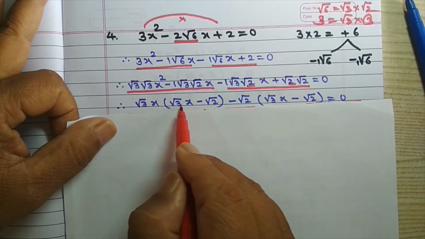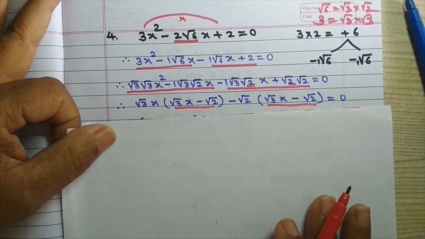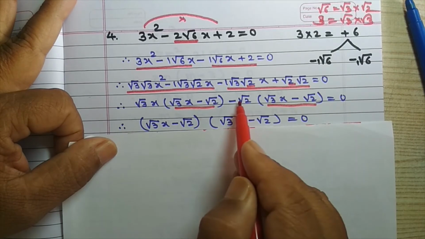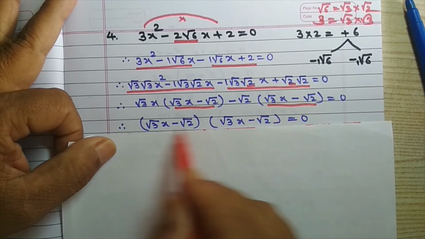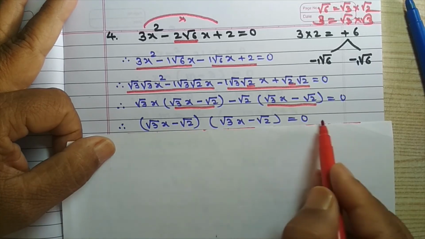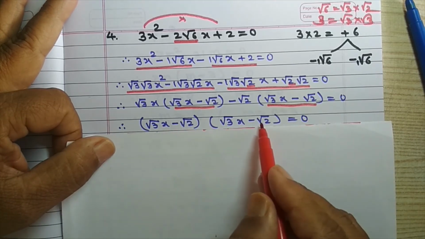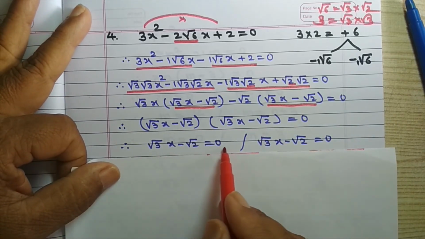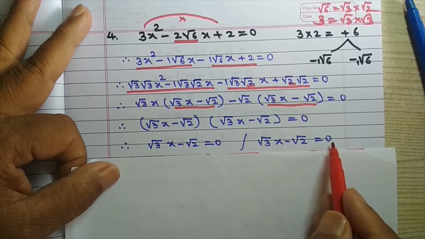Okay. Same factors. Again we have to take that common. Root 3x minus root 2, and what remains is root 3x and minus root 2. Okay. It means the multiplication of these two brackets is equal to 0. So we take this bracket equal to 0 or this bracket equal to 0. Root 3x minus root 2 is equal to 0, or the second bracket root 3x minus root 2 is equal to 0.